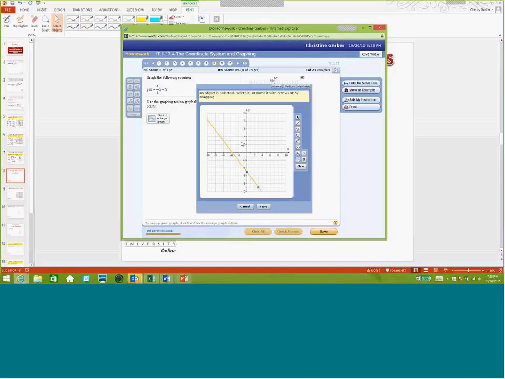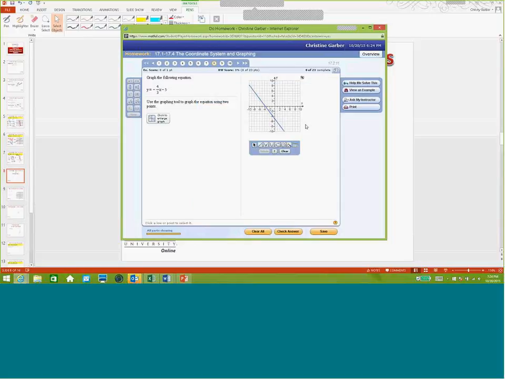Now I'm going to make sure that that's exactly the line that I want to graph. If it's not, I can click on this clear button and it will make my line disappear. If I want to save it, because I'm pretty sure that this is correct, I'm going to click on Save, and then that pop-out window will disappear and your line will be graphed on the problem page.